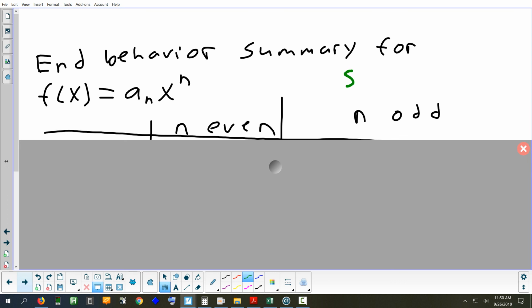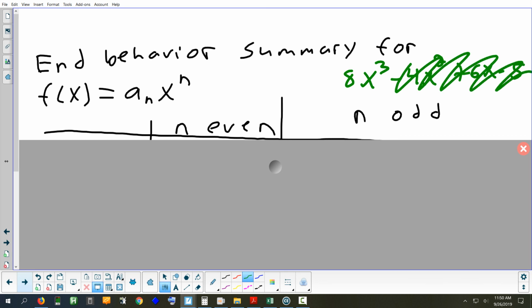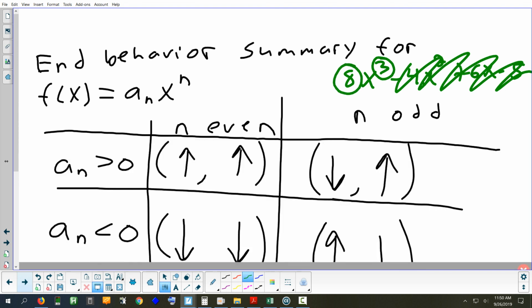So if you had 8x cubed minus 4x squared plus 6x minus 5, if I want to know what this is going to look like, I don't care about any of that. None of that makes any difference at all. What that stuff does, it's going to cause little twists and turns in the middle. But this number being odd and this number being positive is going to control the end behavior.